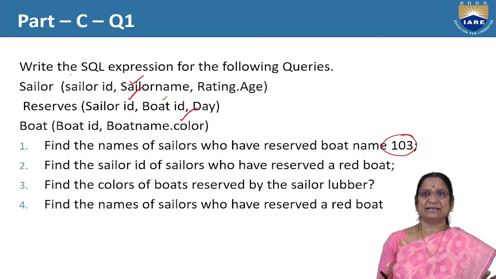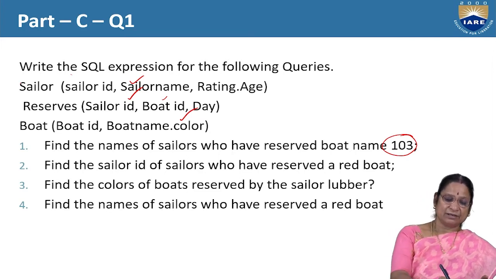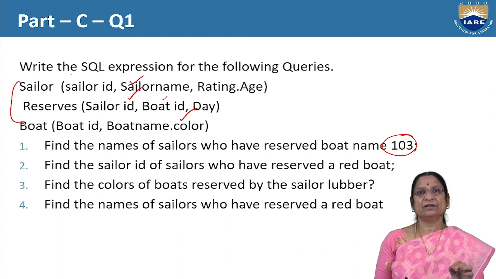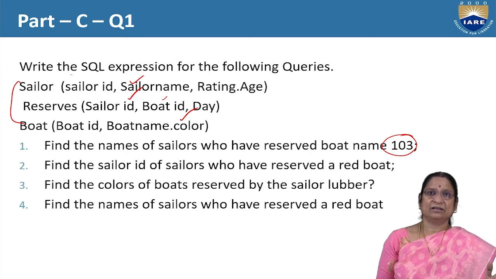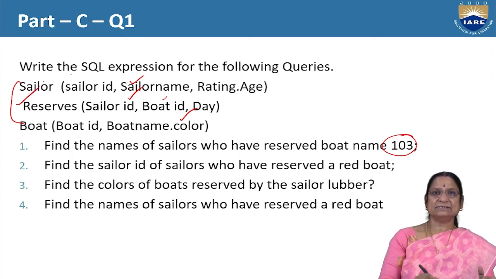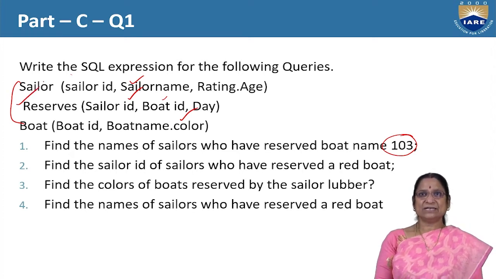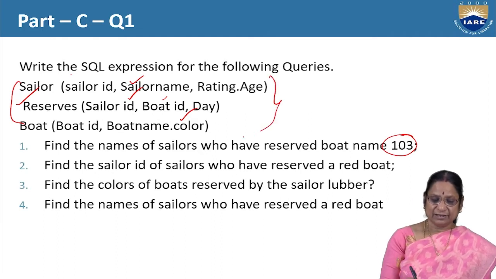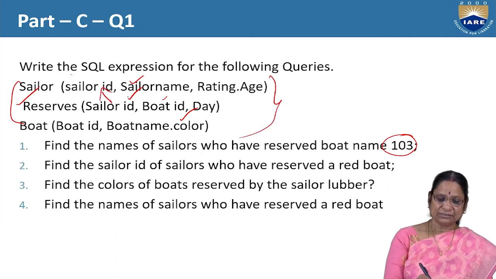The first relation has sailor ID, and color is in boat. But sailor and boat cannot be joined together, because to do a natural join no common attribute is available. So these two are connected through the reserves relation. That's why we need these three. This is for joining sailor ID, and this is for joining boat ID.